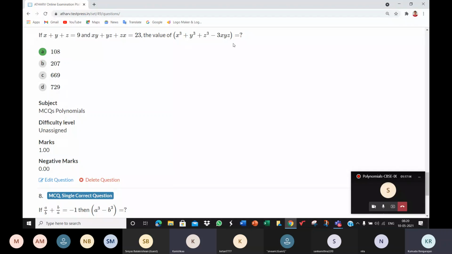Okay, tell me. x square plus y square plus z square, ma'am. Yes, we need to find the value of x square plus y square plus z square, because we have the value of x plus y plus z, and we have the values of xy, yz and zx.